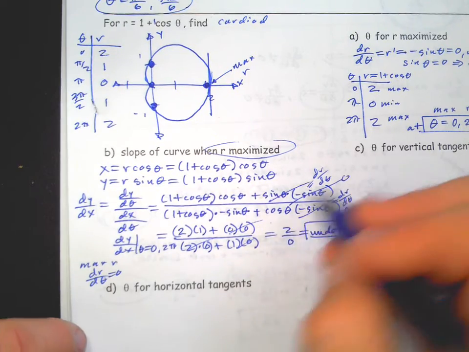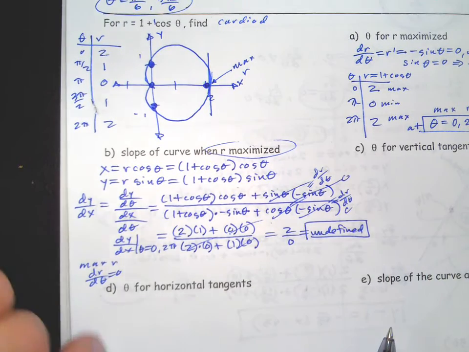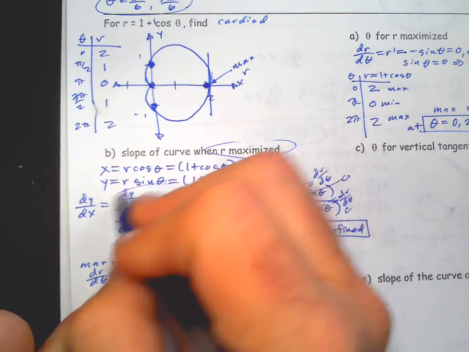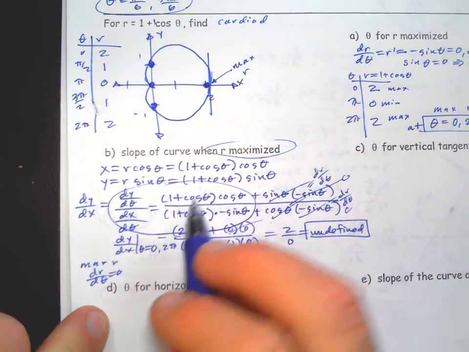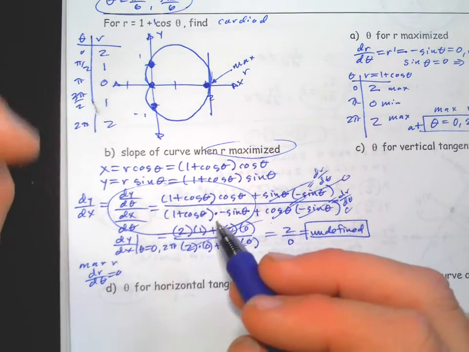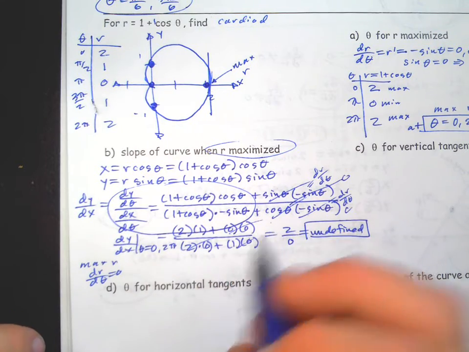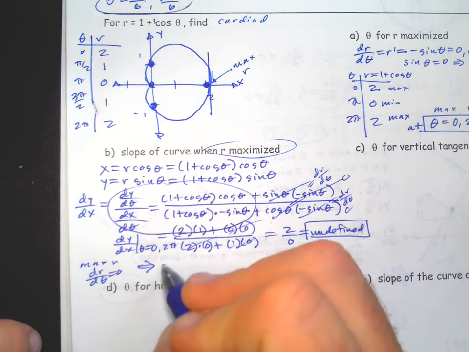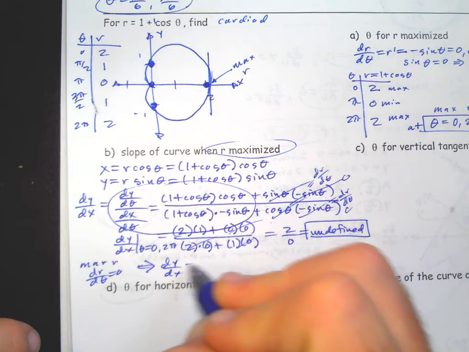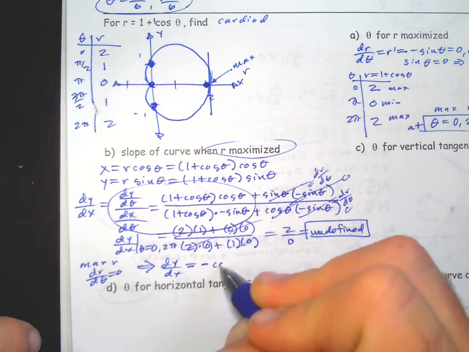So these terms just totally drop out. And then you're left with this, but the 1 plus cosine theta, which is the R, is the same on top and bottom, so they go away. And so you get dy dx equals negative cotangent.